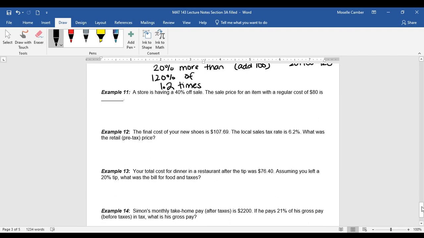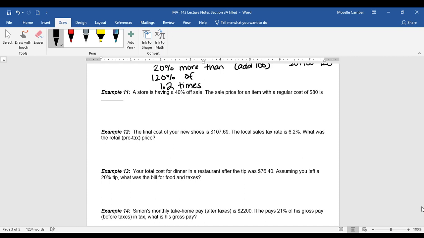Okay, example 11. A store is having a 40% off sale. The sale price for an item with a regular cost of $80 is... Okay, so here we don't have a then, but because we have this decrease, we can write it in a more or less than statement to figure out what it is.